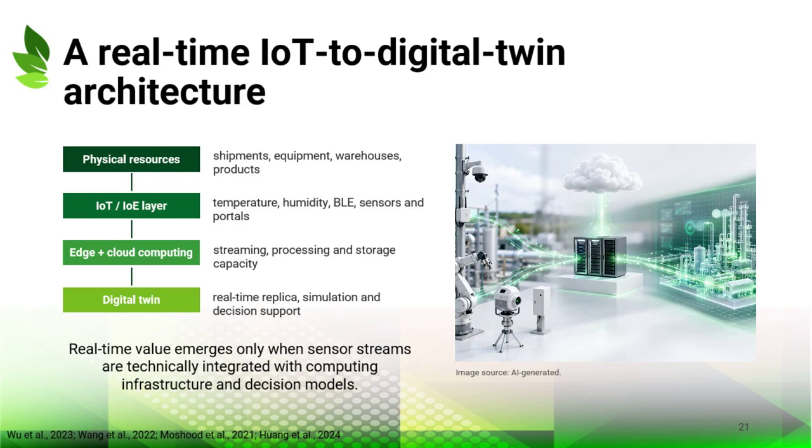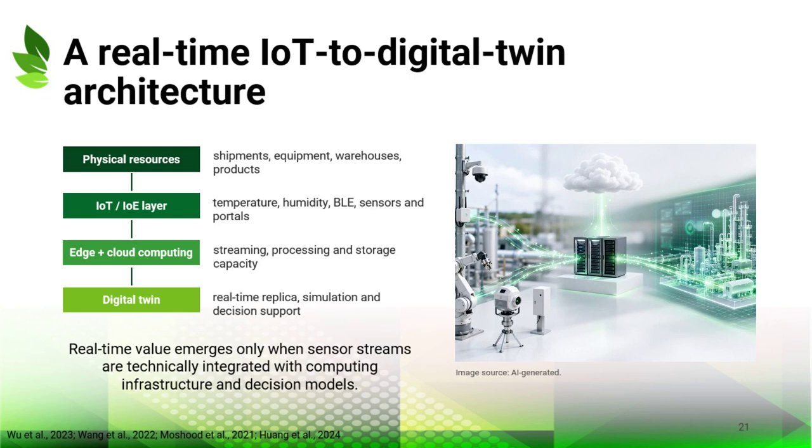This architecture begins with physical resources, such as shipments, equipment, warehouses, products, and handling systems. The IoT or Internet of Everything layer collects data through temperature sensors, humidity sensors, Bluetooth low-energy beacons, traceability devices, and other connected systems.